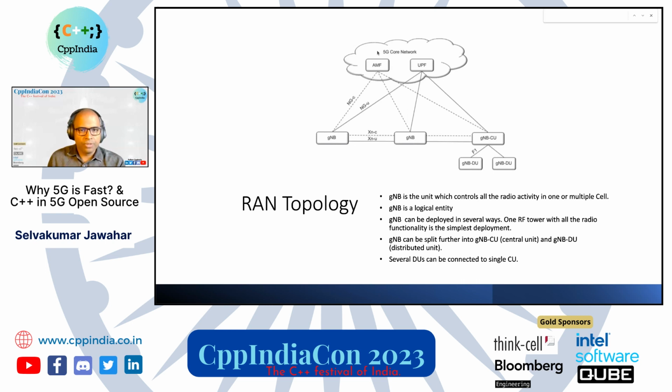So this comes mostly under the control plane. If you see a protocol with -C, that means it's basically control plane signaling, and -U is basically user plane. So UPF is the user plane functionality service. Basically, this provides the data connectivity to the devices over gNB.